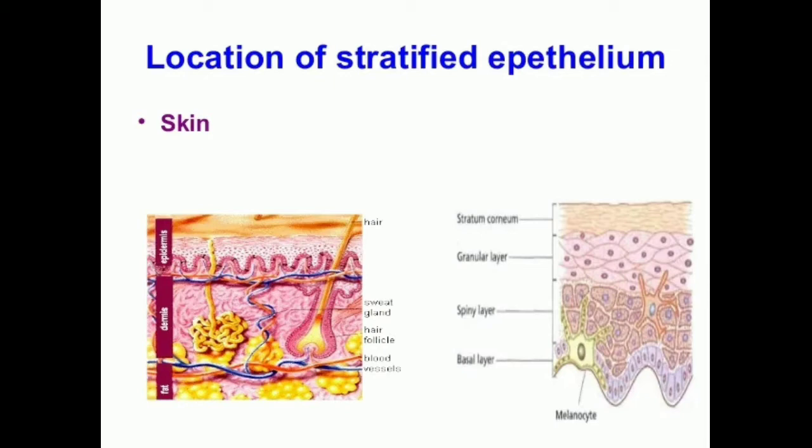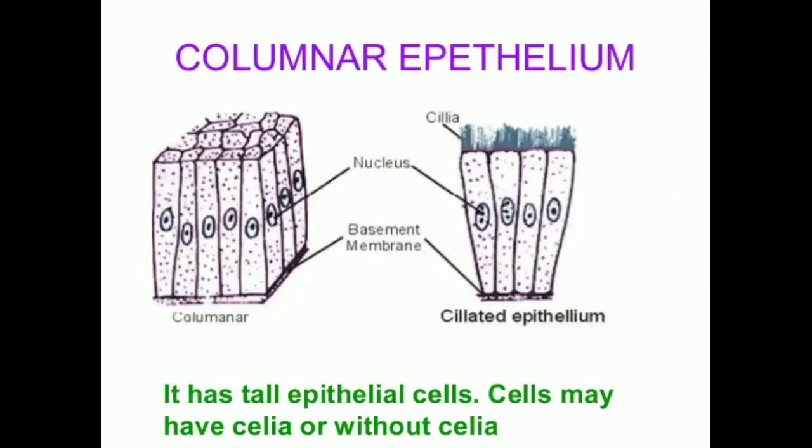The next type of epithelial tissue is columnar epithelial tissue. This tissue consists of tall pillar-like cells. Columnar means pillar-like. It is present in the walls of the intestine. In the respiratory tract also, columnar epithelial tissue is present, but there is a difference.